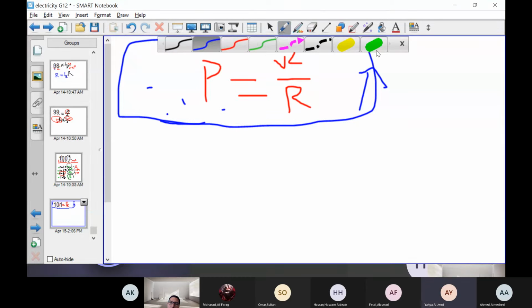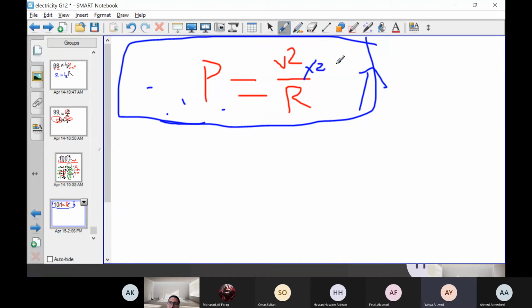Yes, you double the voltage. So what happened to the power? It increased. How many times? Directly proportional, times 2? No, not 2. 2 squared, because we double the voltage and it is squared. So 4 times.